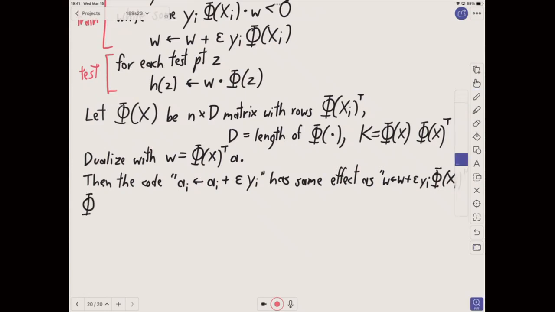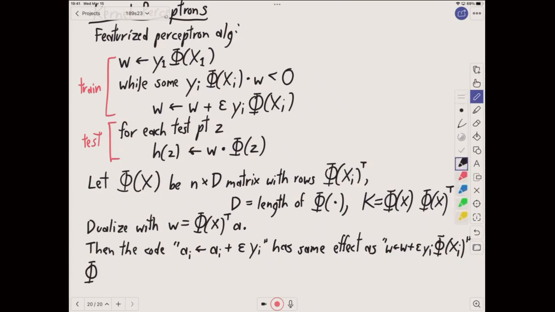The last thing that we're going to need for this algorithm is to replace this with something that does not involve w, but involves a. This inner product between phi of xi and w, well, I note that we can write this as taking the whole lifted design matrix, phi of X, multiplying that whole matrix by the vector w, and then just pulling out the ith component of the vector that we get in that matrix-vector multiplication.